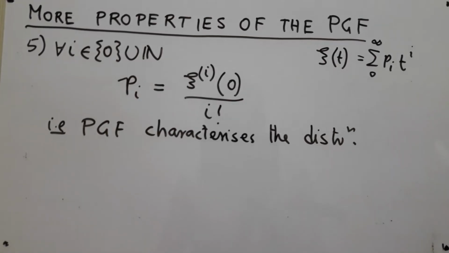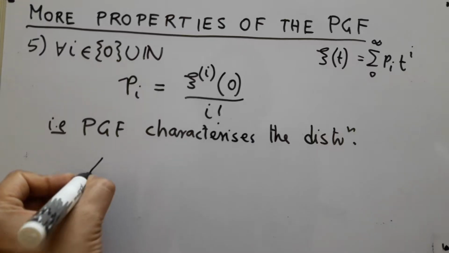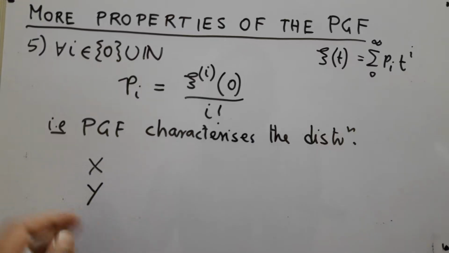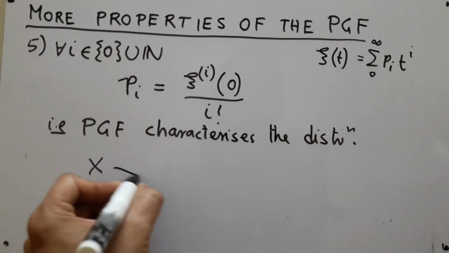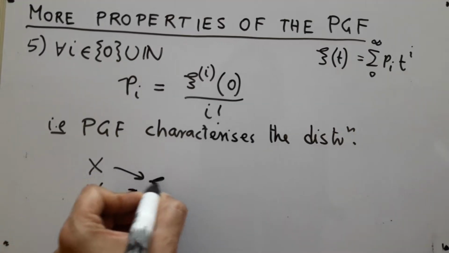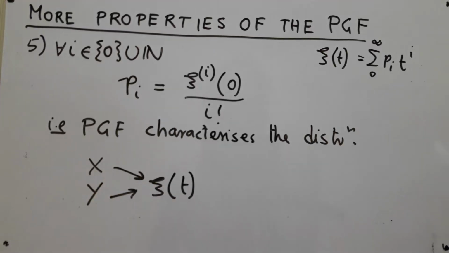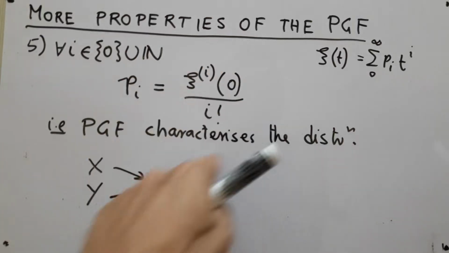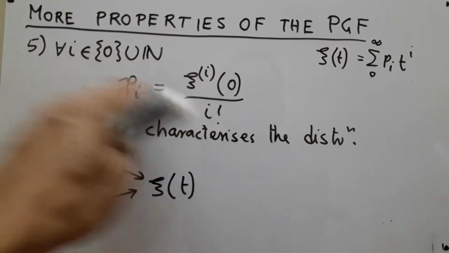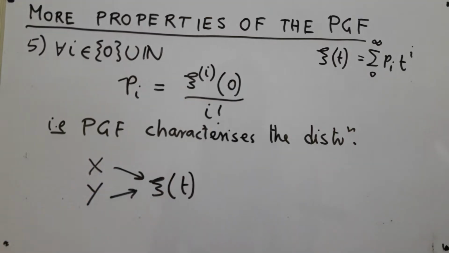By this I mean that suppose I have got two random variables x and y, both taking only non-negative integer values, and I know that both of them have the same PGF xi t. In that case, I can say immediately that x and y must have the same distributions, because I will use this prescription and I will get the same set of pi's for x as well as for y.